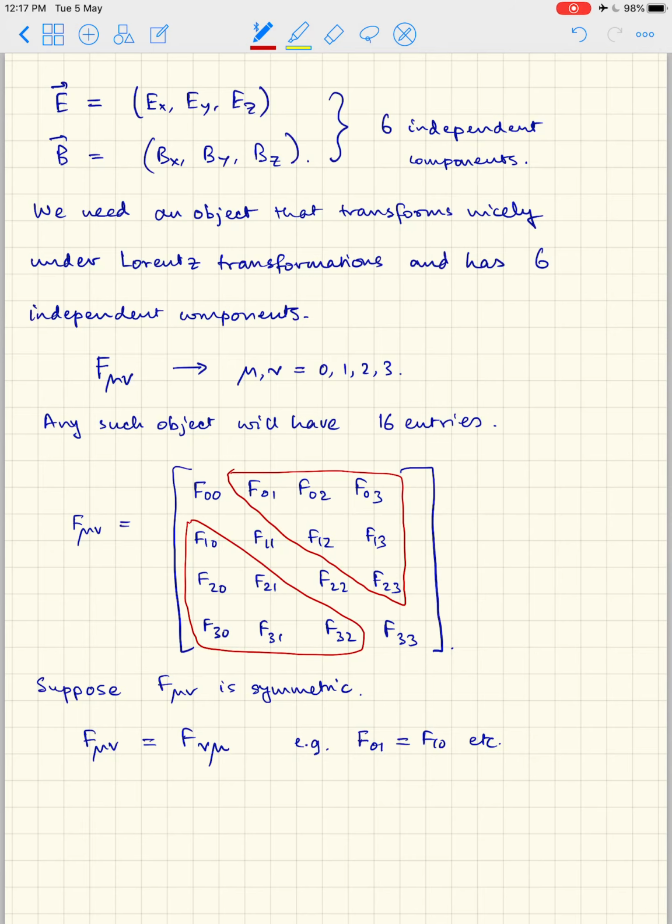That's fine, but we are also left with the diagonal ones. So there are 6 independent off diagonal objects plus 4 diagonal entries.